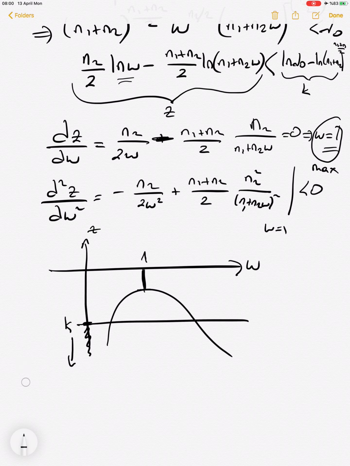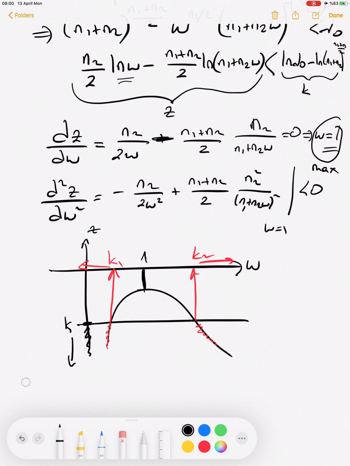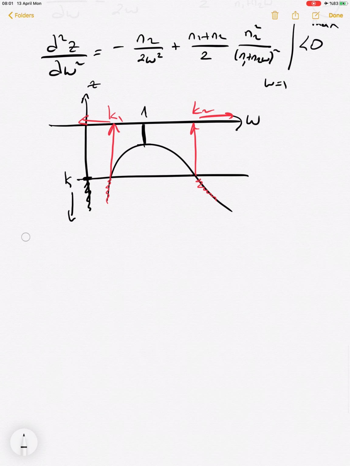So we will reject our null hypothesis when z is less than k. So this is the rejection region with respect to z. With respect to w, the values less than this k1 value, and the values where w is greater than k2 value will be our rejection region. So now we can write our rejection region with respect to w.